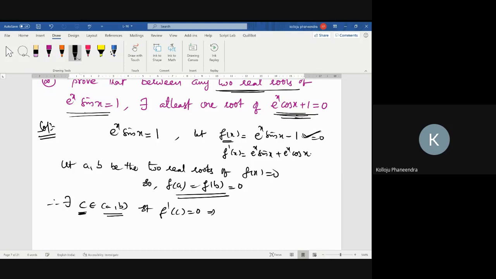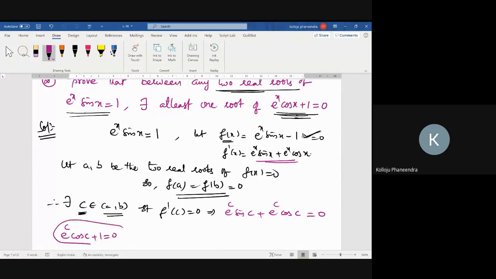What is f dash c? f dash x is here. So f dash c means e power c sin c plus e power c cos c equal to 0. But what I have to get finally is e power c cos c plus 1 equal to 0.